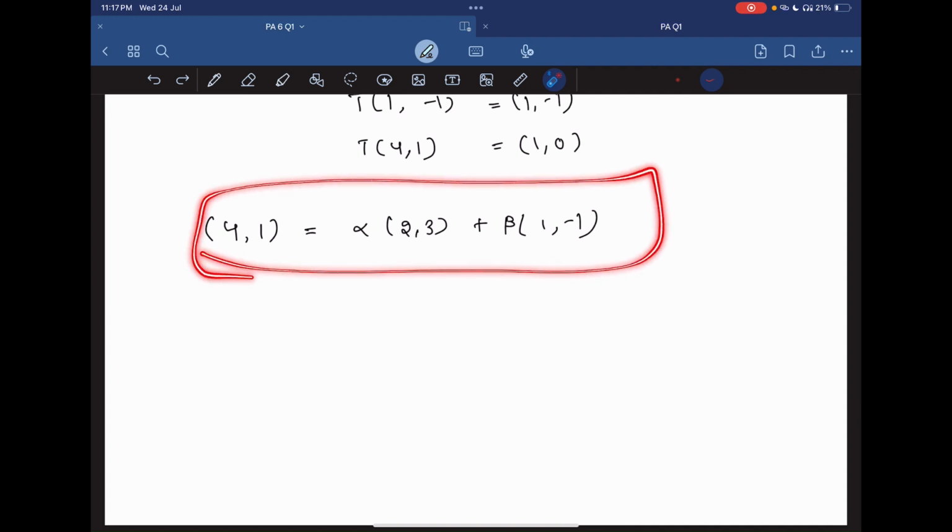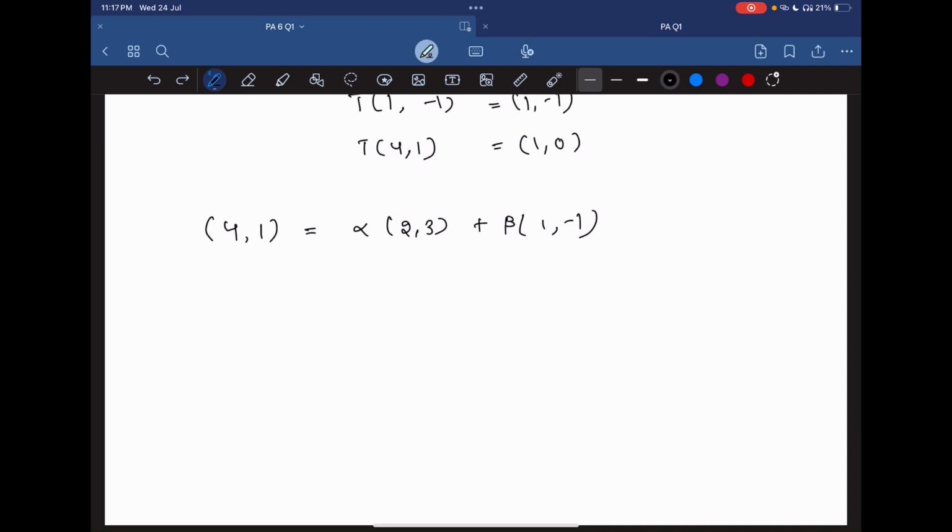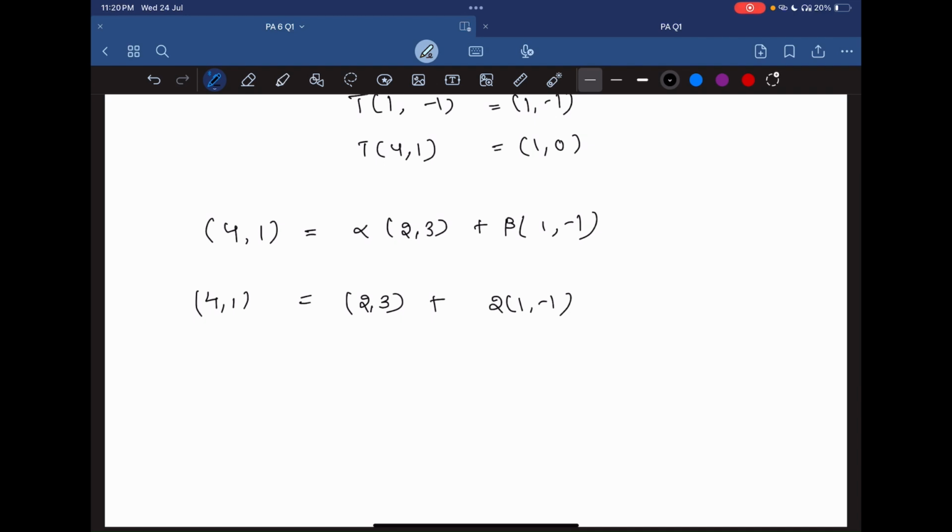So that's what we are doing. And on solving this equation, we will get that (4, 1) is equal to (2, 3) plus 2 times (1, -1). So here our alpha is 1 and beta is 2.